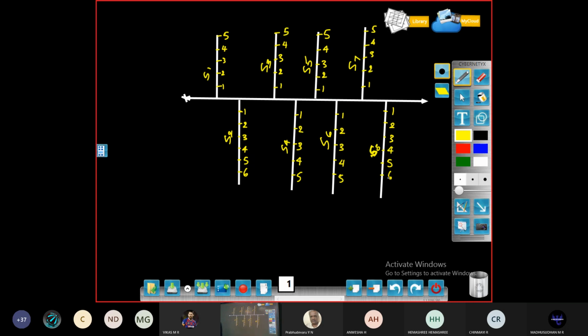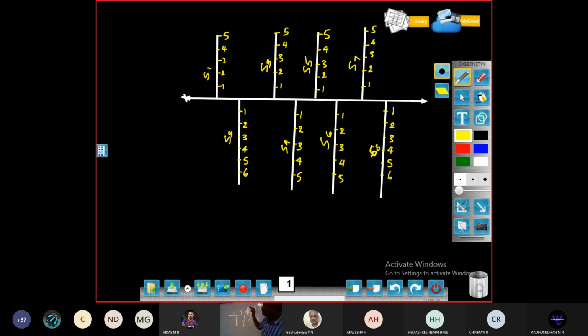Now look at this. Now I want to go to some house. I want to locate one house in this area. Let us see, I am going to take a point P in this place.